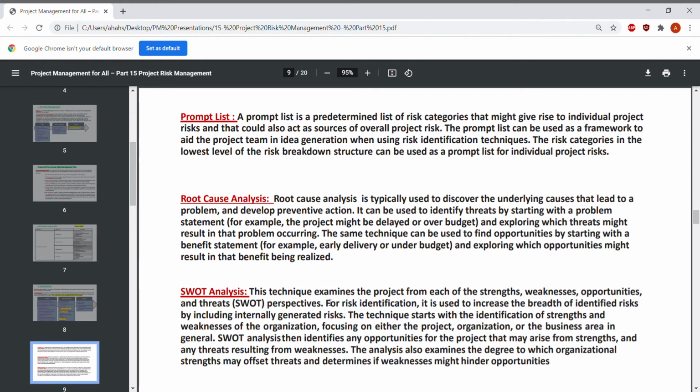For risk identification, it is used to increase the breadth of identified risks by including internally generated risks. The technique starts with the identification of strengths and weaknesses of the organization, focusing on either the project, the organization, or the business as a whole.